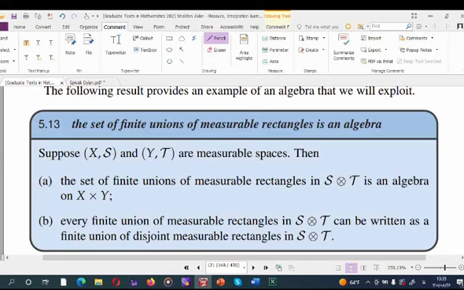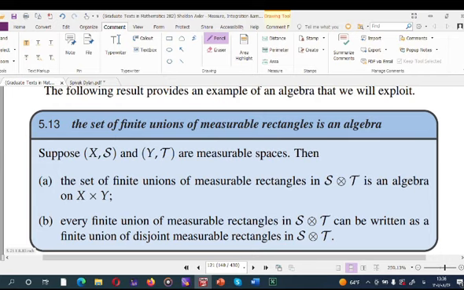Suppose X, S and Y, tau are measurable spaces, so that S is a sigma algebra on X and tau is a sigma algebra on Y. Then the set of finite unions of measurable rectangles in this sigma algebra, S tensor tau, is an algebra on this set.